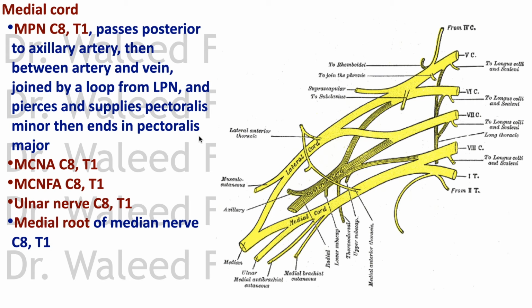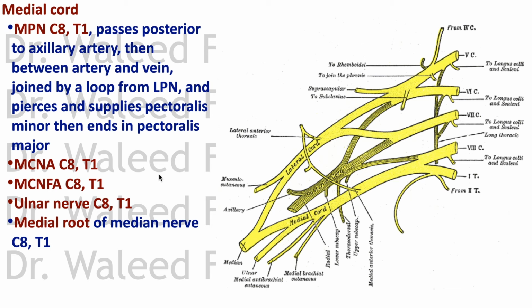Remember the supply of the pectoralis major, lateral and medial pectoral nerves. We have the medial cutaneous nerve of the arm, or medial brachial cutaneous nerve. It's medial to the vein. We have the medial cutaneous nerve of the forearm, or medial antebrachial cutaneous nerve. It's between the artery and the vein with the ulnar nerve.